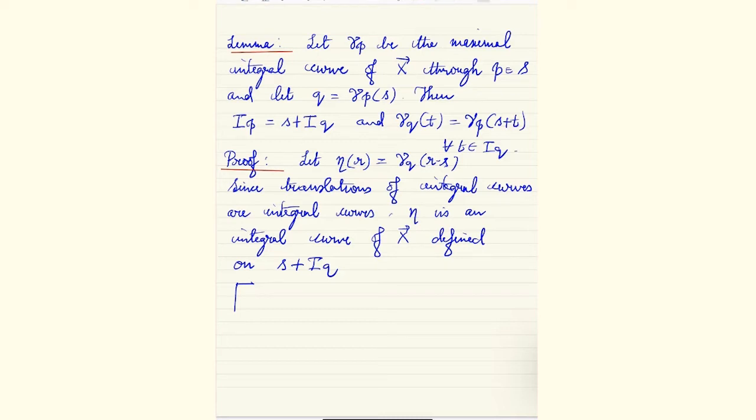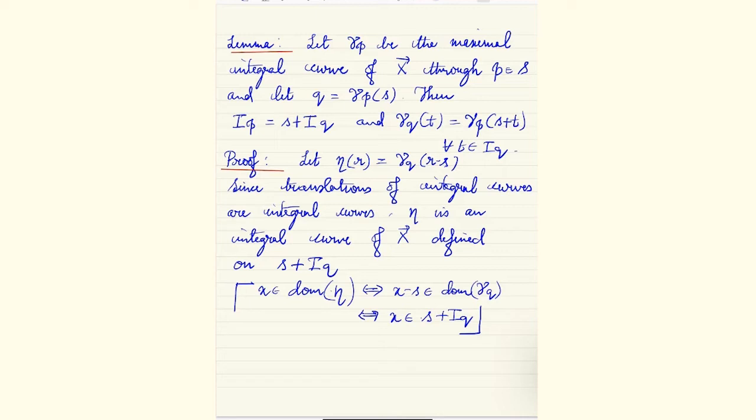If we take a point X in the domain of eta, this is so if and only if X minus S is in the domain of gamma Q, just the way eta was defined. This is of course if and only if X is in S plus the domain of gamma Q, which is IQ. So that's why eta is defined on S plus IQ.